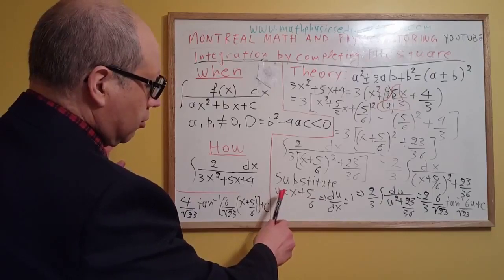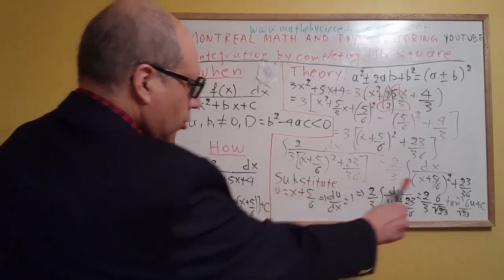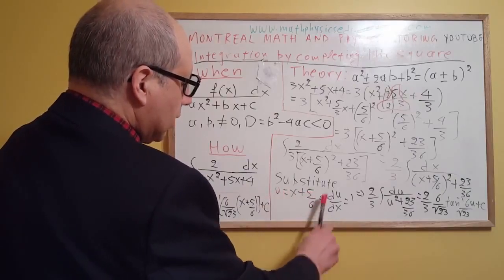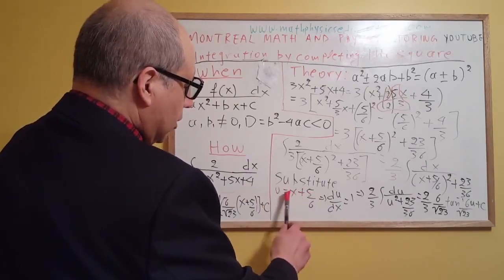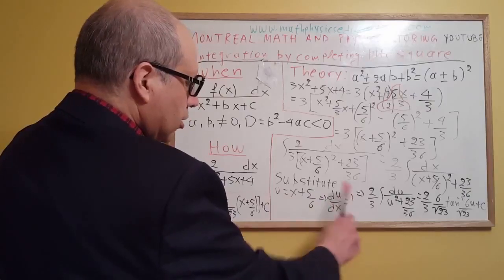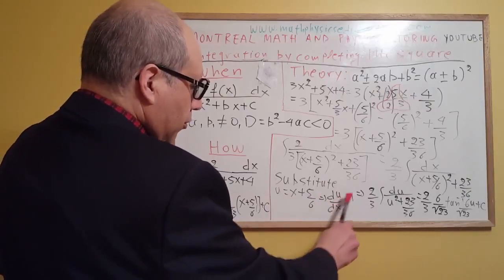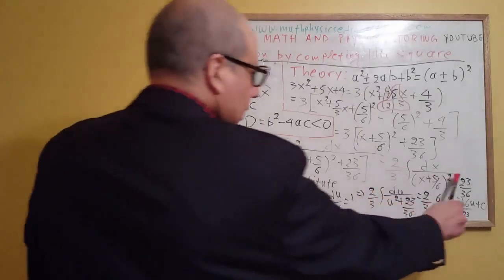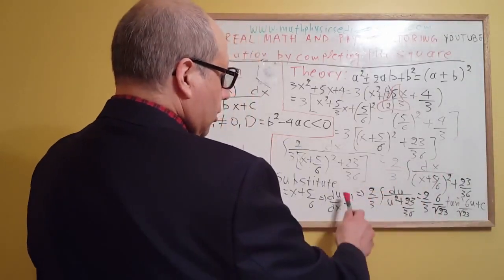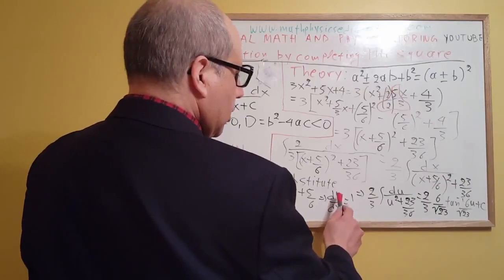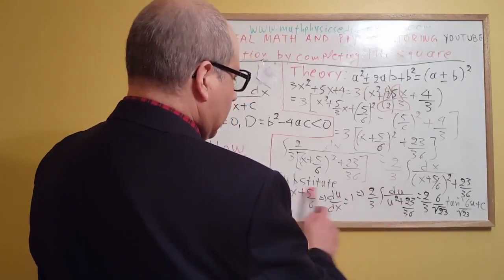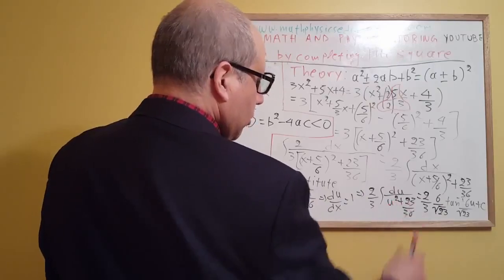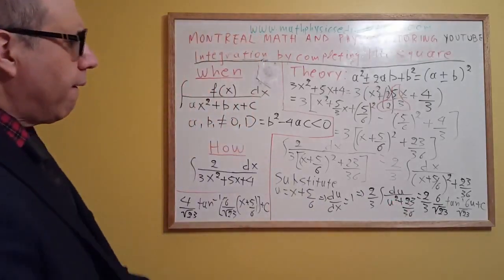You substitute u equal to x plus 5 over 6. So du over dx, the derivative with respect to x, is equal to 1, which gives us that du is equal to dx. So if you go back here, instead of dx you substitute du, and instead of x plus 5 over 6 you substitute u, so you have u squared plus 23 over 36.